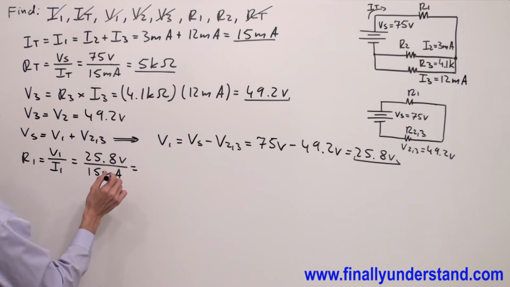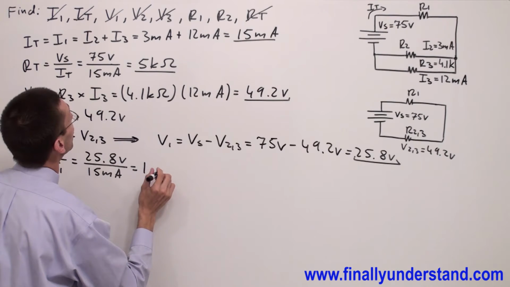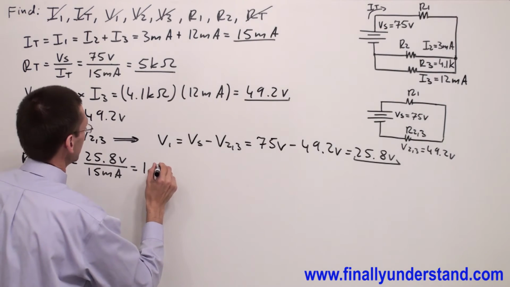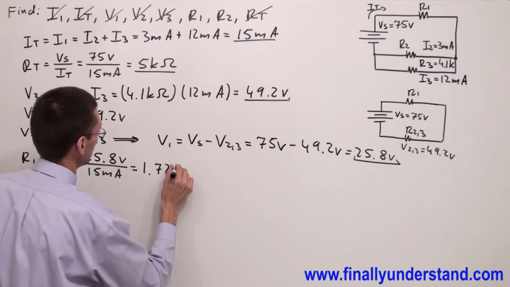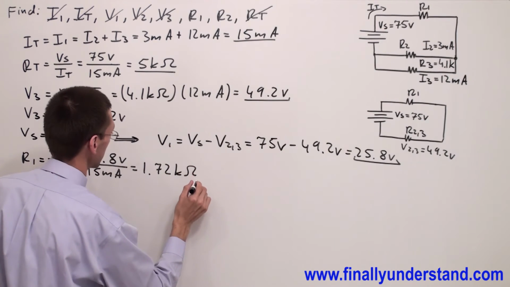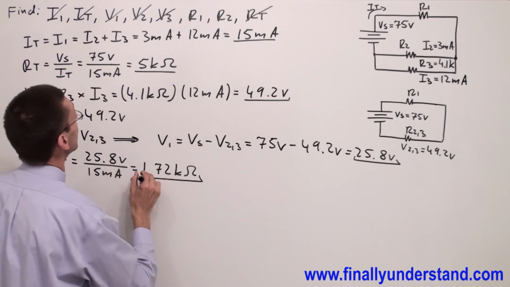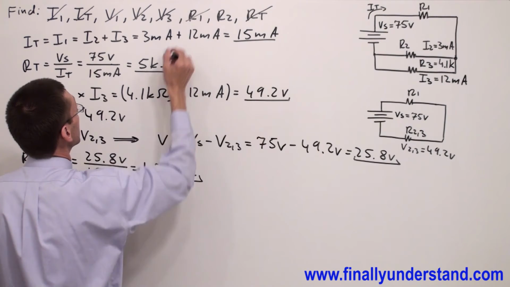So R1 is equal to 1.72 kiloohms. Okay, so this is my R1.